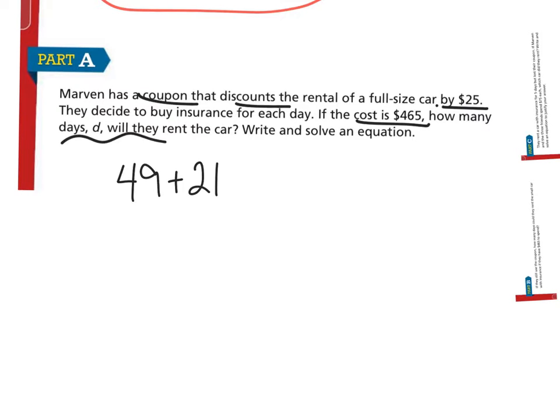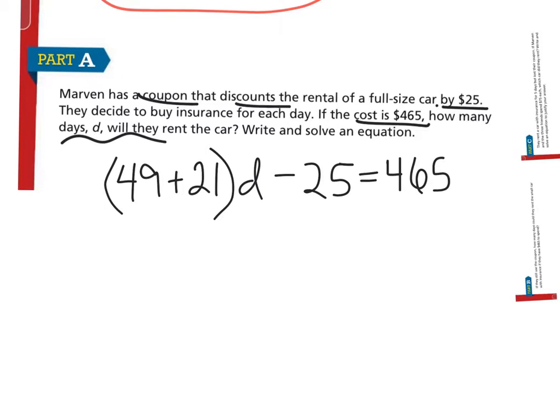So we'd add that together, that would be the cost for one day, times however many days we're renting the car, minus our $25 coupon would be $465. So this would be an equation we could use.